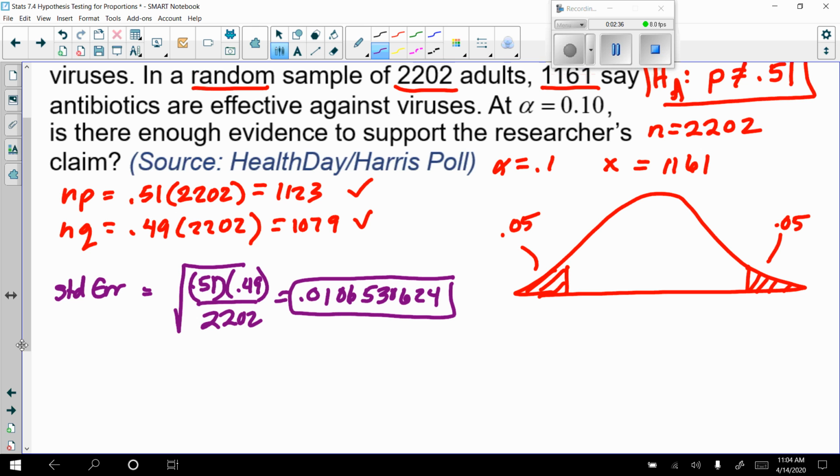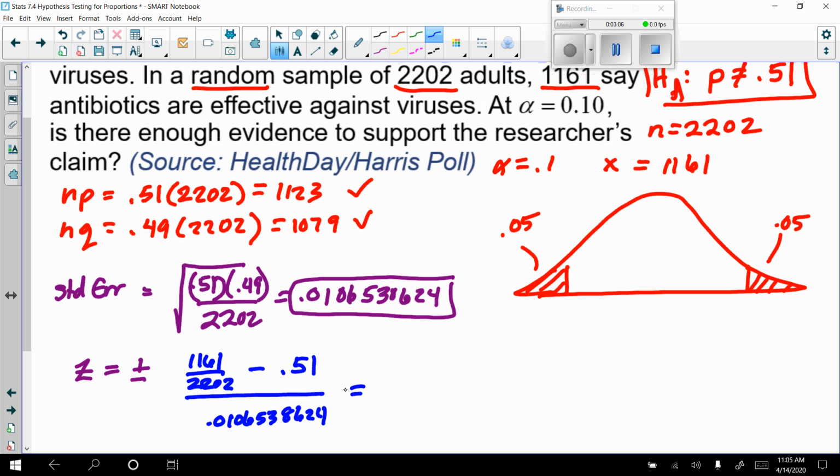And then we need to find the z-score, which is going to be a plus or minus z-score of the proportion in our sample, which is 1161 over 2202, minus the population proportion, 0.51, divided by our standard error, 0.0106538624, gives us a plus or minus z-score of 1.619060864.